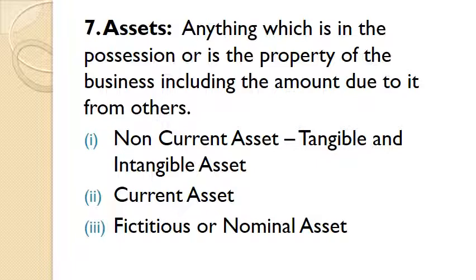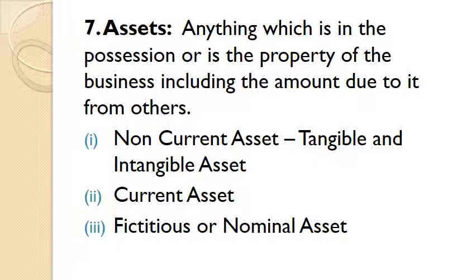Next is current asset. Current assets are those assets which are meant for sale or which the management would want to convert into cash within 1 year. Within 1 year, okay? These are also known as short-lived or active assets, just like debtors, bills receivable, all these are current assets.